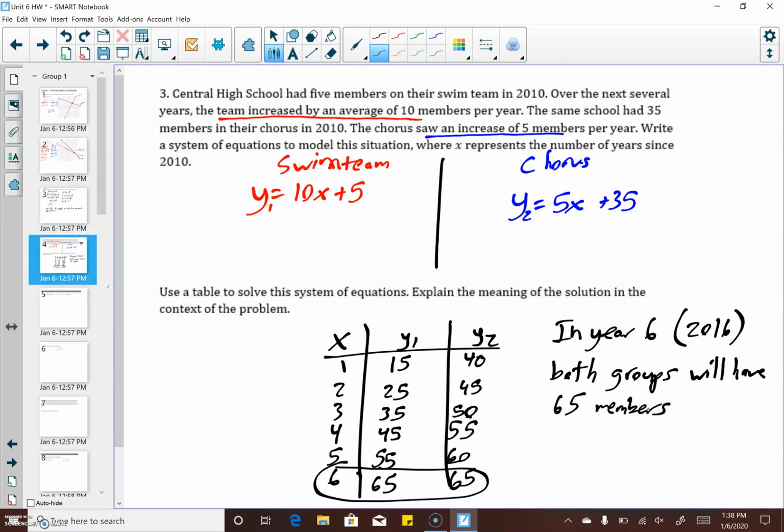So what our system's basically helping us find here is the time when these two groups are going to have the same number of people. And that happens when x is 6, so 6 years after 2010, which is 2016, and they're both going to have 65 members.